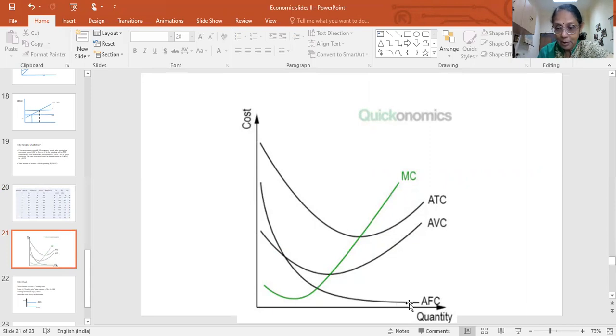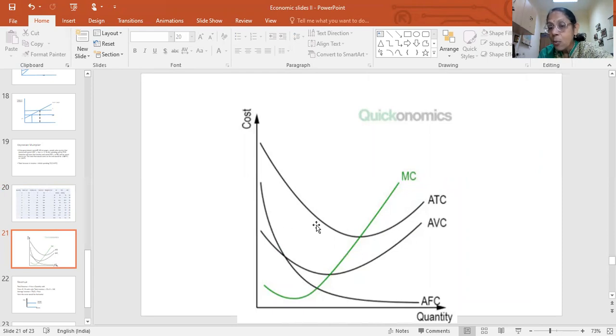It would never become zero because it's a positive amount. But it would become closer and closer to the x-axis. So this is your average fixed cost. As quantity increases, average fixed cost decreases. And that's why the distance between these two, which is AFC, will decrease as your quantity increases.